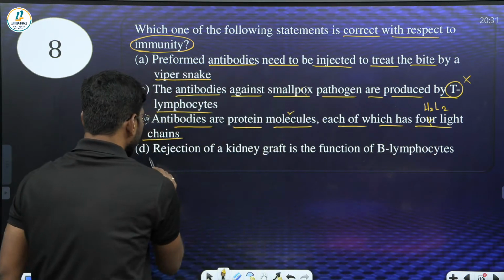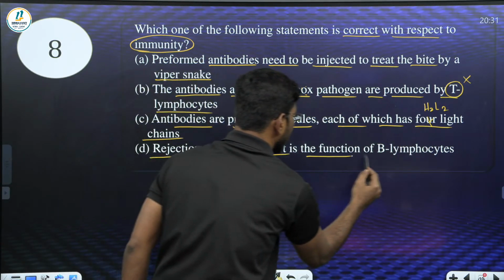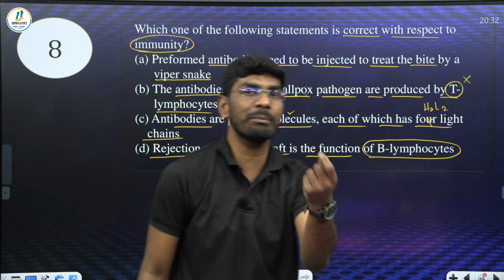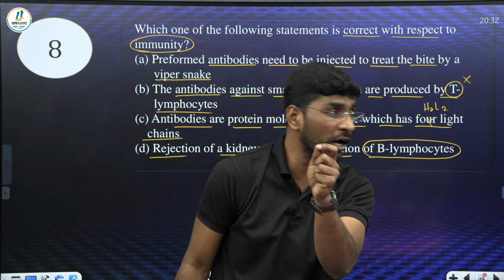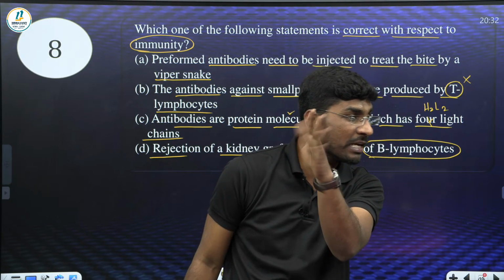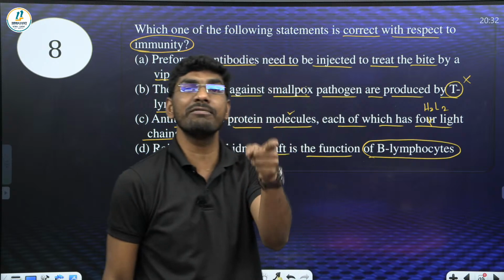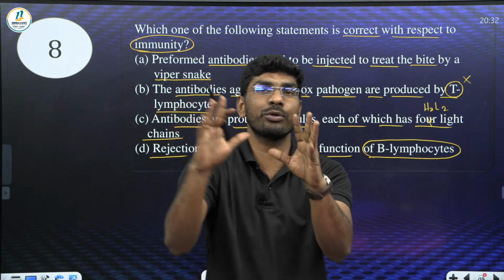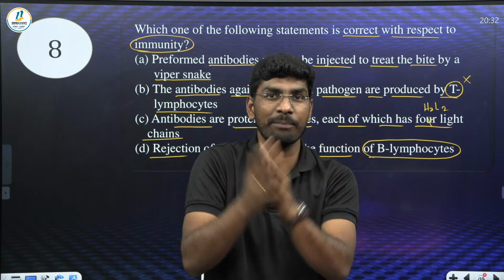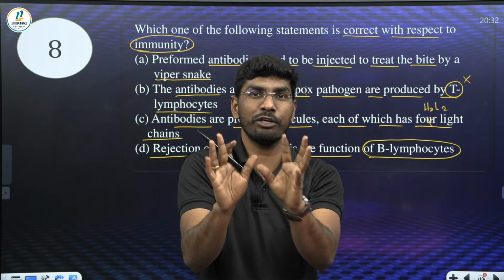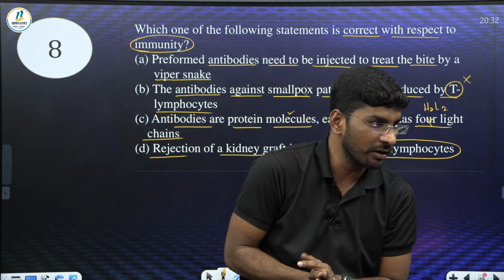Okay, last one. Rejection of kidney graft, the function of B lymphocyte. My god, graft rejection, the organ implantation, graft rejection is done by what? T lymphocyte. Yes or no? T lymphocyte, not B lymphocyte. Remember, to overcome this graft rejection, the patient has to take something. Can any one of you help me out? What is that?